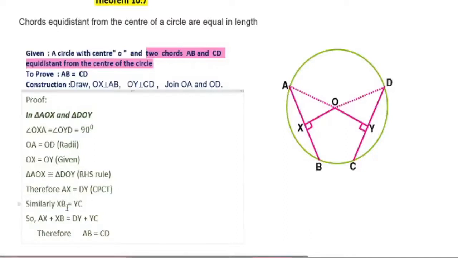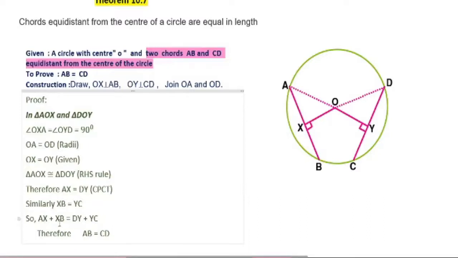Now similarly we can prove XB equal to YC. For proving that, you have to join OB and OC. Then using congruency, you can prove BX equal to CY, or XB equal to YC. Now we have to add these two. First one, AX equal to DY, second one, XB equal to YC. By adding, we get AX plus XB equal to DY plus YC.